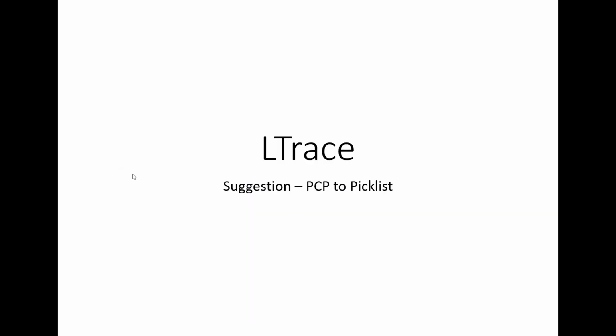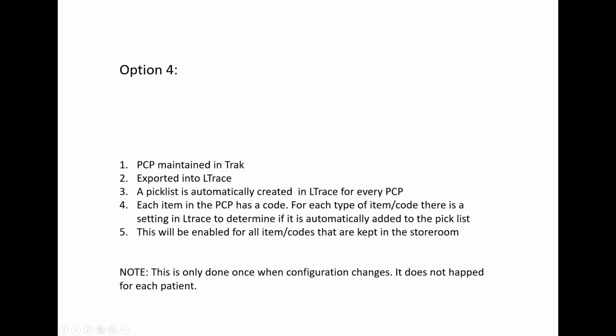Now, with LTrace, I just want to talk about another suggestion, which is about how to automatically take the PCP as much as possible to create the pick list. So this is what I'm going to call option 4. And so what I'm saying is the PCP can be maintained in Track. We'll export it to LTrace, and then we'll automatically create a pick list based on the PCP.